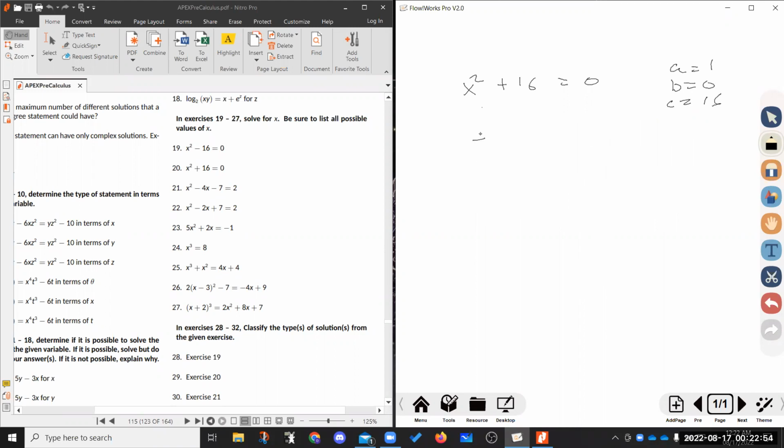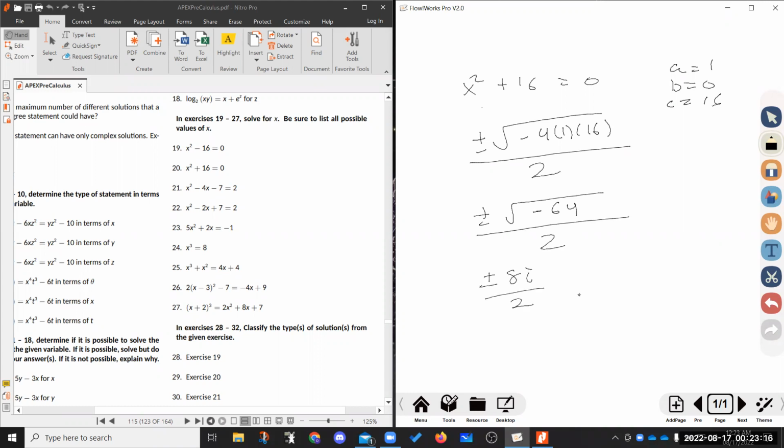Negative b plus or minus the square root of b squared minus 4ac, all over 2a, plus or minus root negative 64 over 2, plus or minus 8i over 2 is plus or minus 4i. So we would have negative 4i and 4i as our solutions.